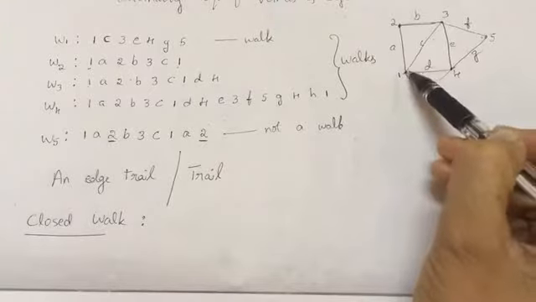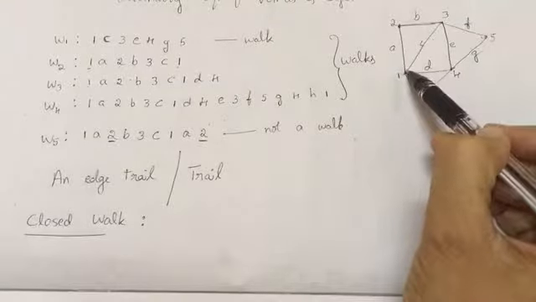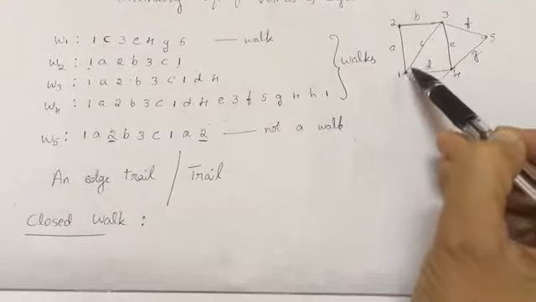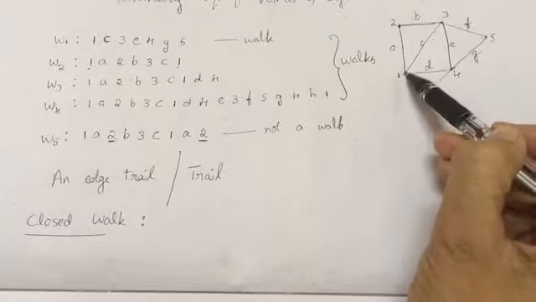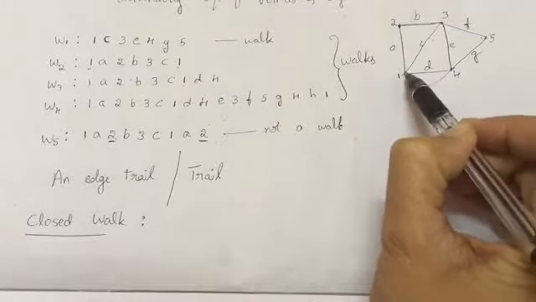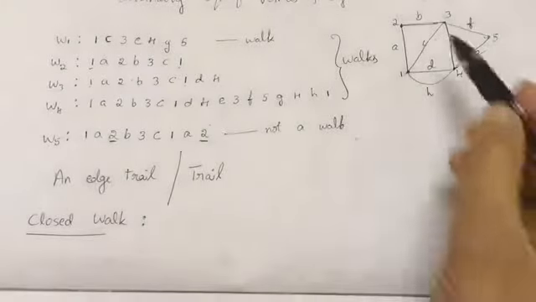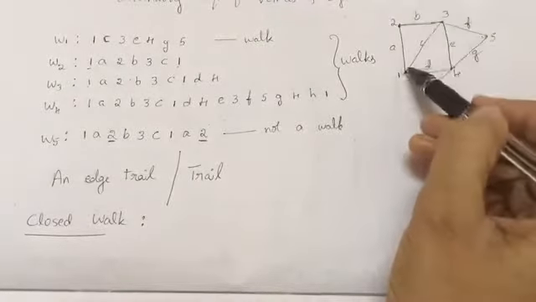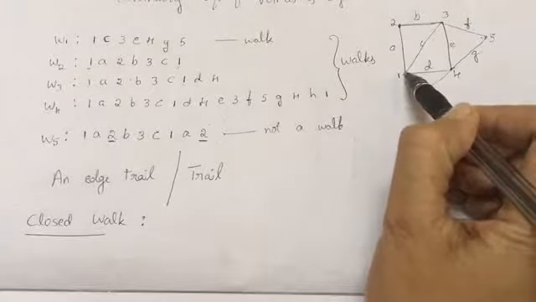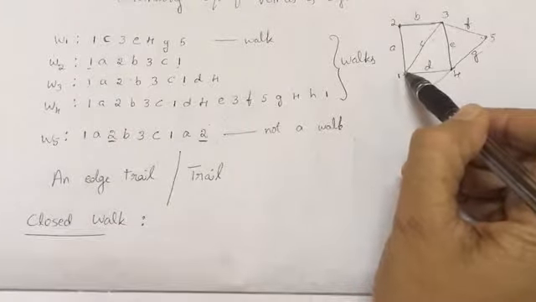Okay, this is also a walk. A walk which starts and ends at the same vertex is called a closed walk.